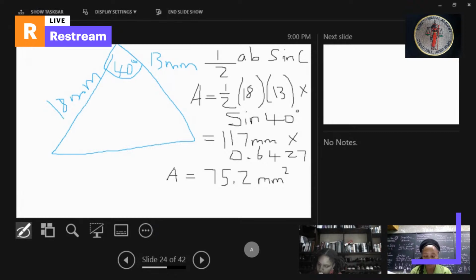If you don't know the height but are given all three sides, you can use Heron's formula. Add the three sides to get the perimeter, divide by 2 to get the semi-perimeter, subtract each side from the semi-perimeter, and multiply those three answers by the semi-perimeter.